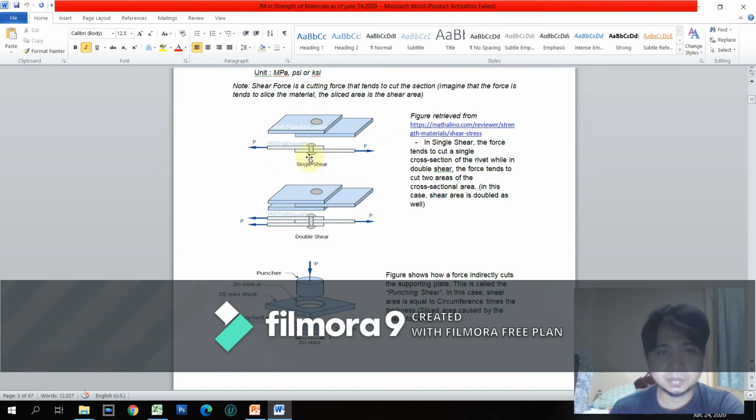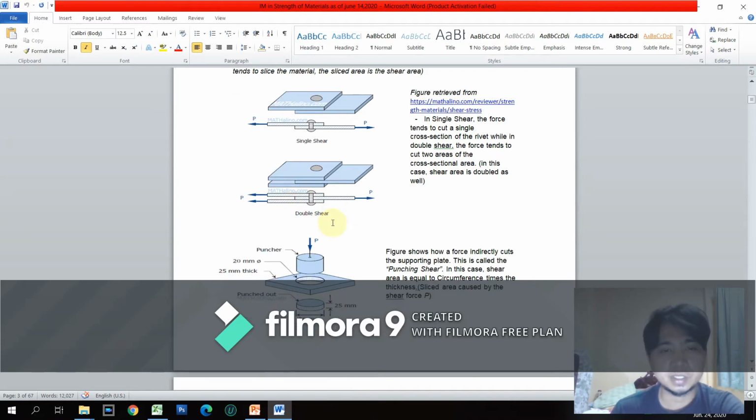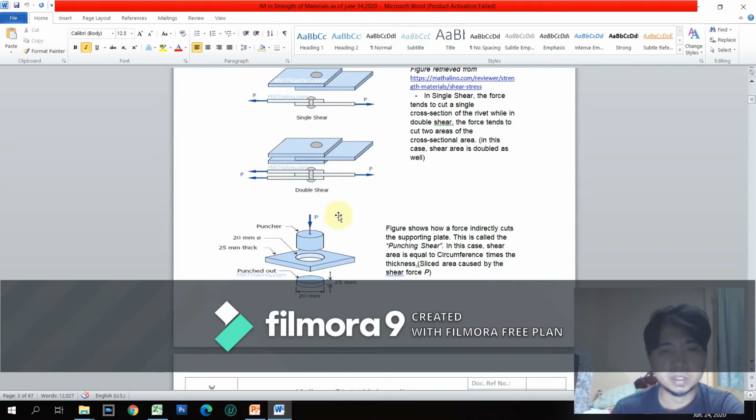Because this rivet will be cut into a single cross section. For this setup, this is termed double shear. Why double shear? Because if we apply loading here, there will be two sections that will be cut all over this rivet or bolt.